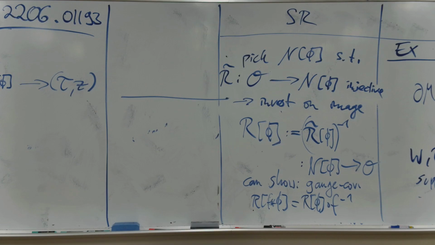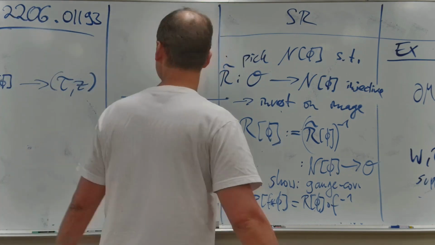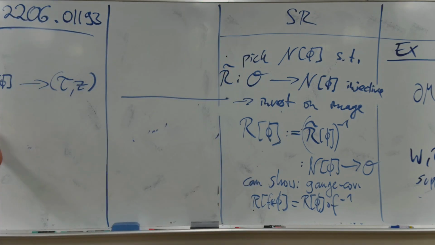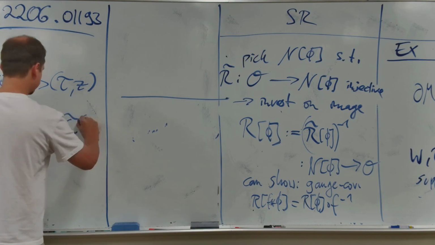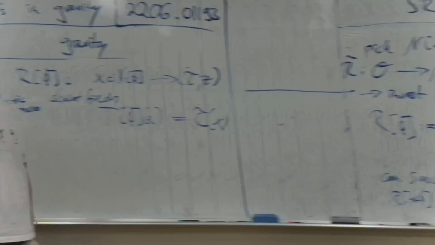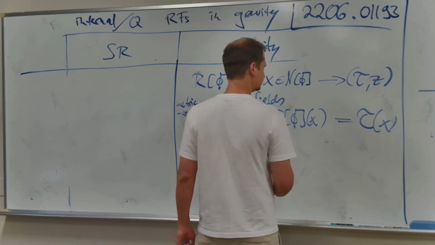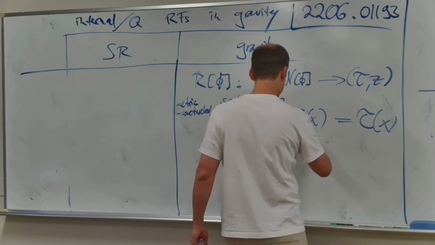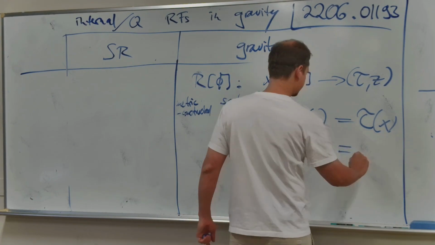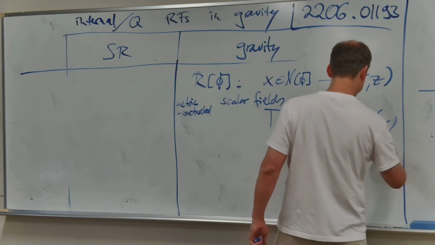I should say metric-constructed, or really field-content-dependent scalar fields. We can write it as tau phi of x, the tau that is associated with x, and that I of phi, and this gives you that I of x.